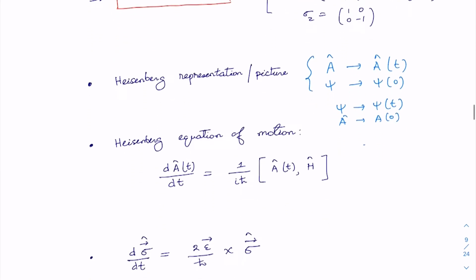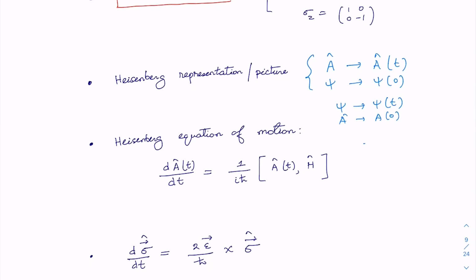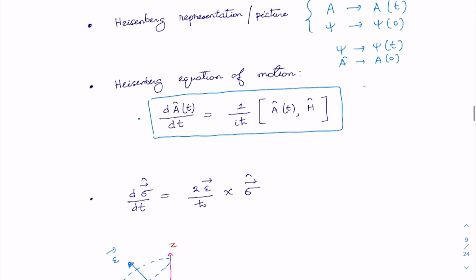And in a way analogous to the Schrodinger equation, which gives the time evolution of the wave function, in the Heisenberg picture the operator evolves with time as per the so-called Heisenberg equation of motion. Here I have written down the Heisenberg equation of motion, provided the operator A is not explicitly dependent on time.